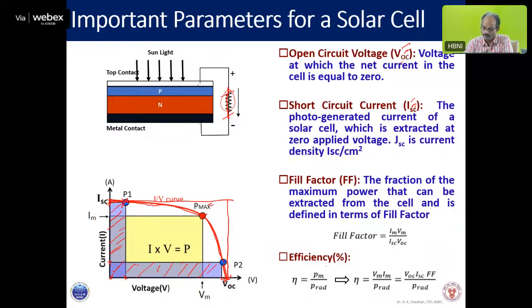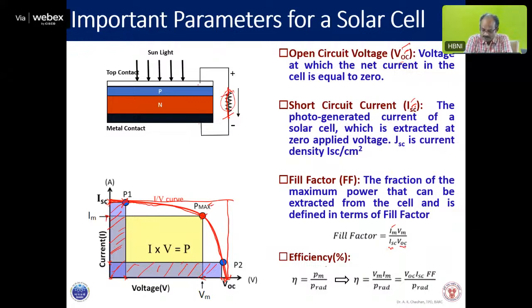So we have to settle somewhere in between. Then fill factor can be written as IM multiplied by VM divided by VOC multiplied by ISC.